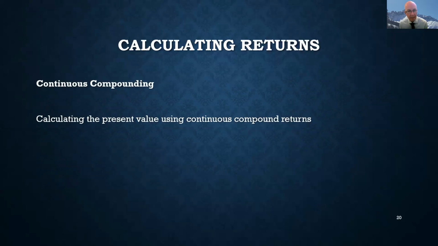Now we can also calculate the present value using continuously compounded returns. PV equals FV over e raised to the power of RT. Now, the interesting thing is if you're dividing a number by a number raised to a power, another way of writing it is to put a negative inside the power.